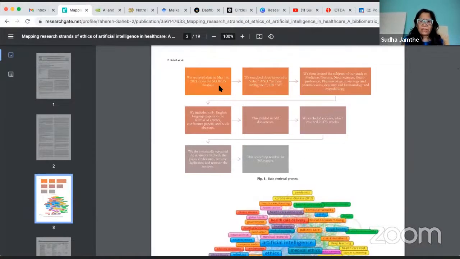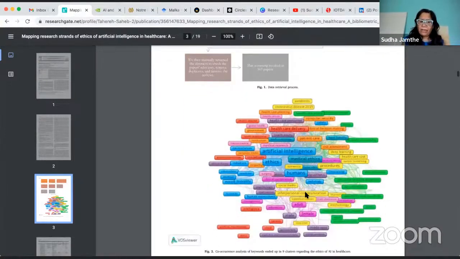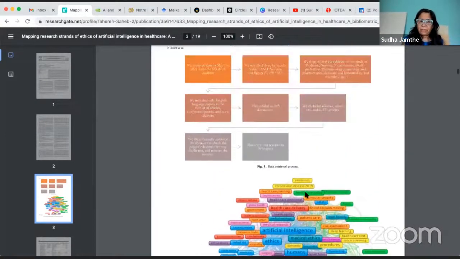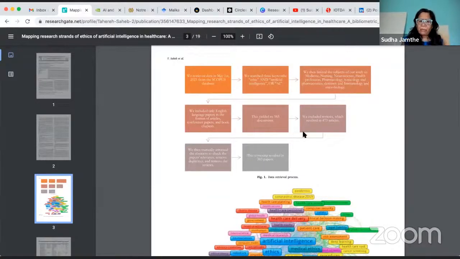What she did is she took a database called Scopus, which has research publications. She searched for certain keywords based on healthcare. That was her data retrieval process. Then she found 585 documents, and based on some reviews, she excluded 473 of them.